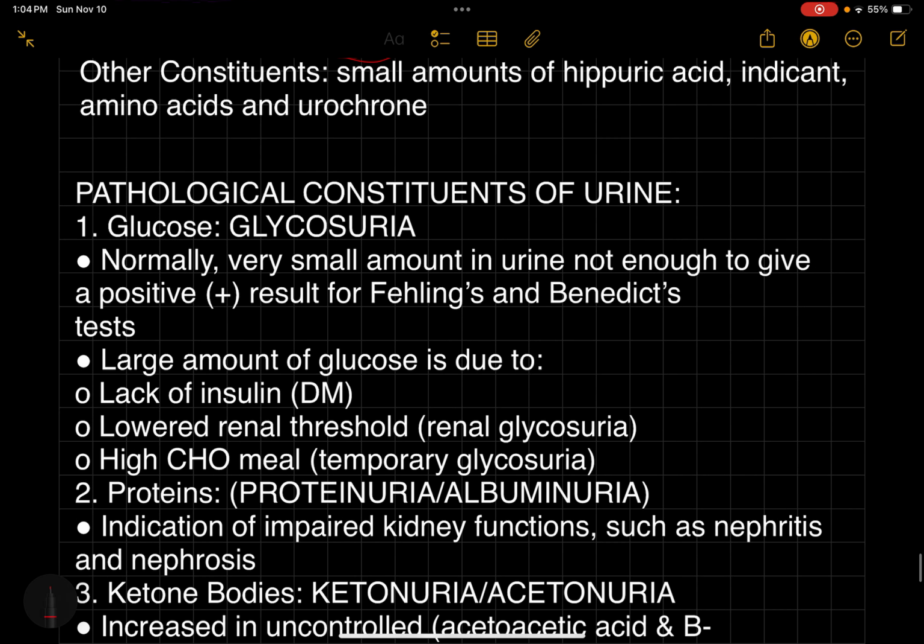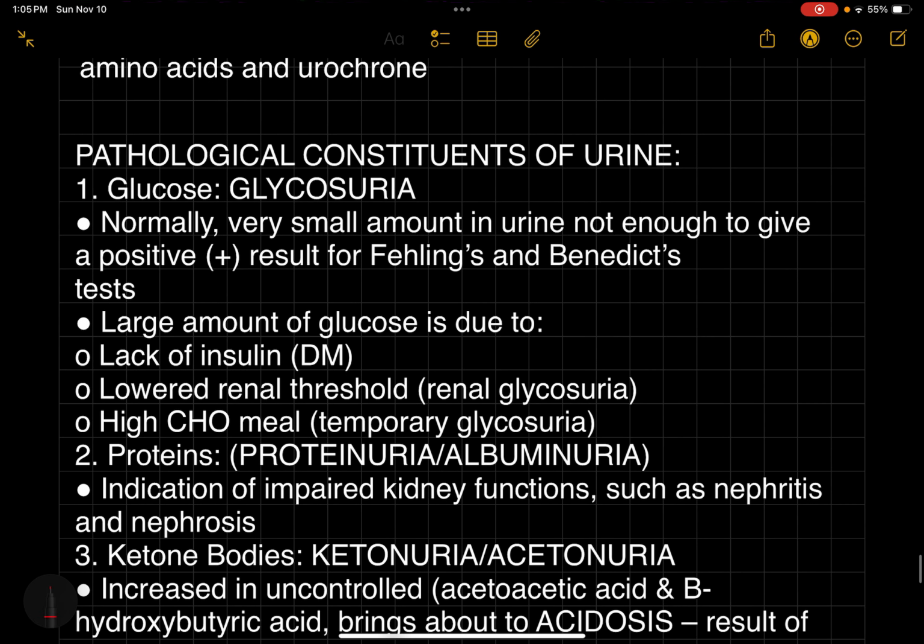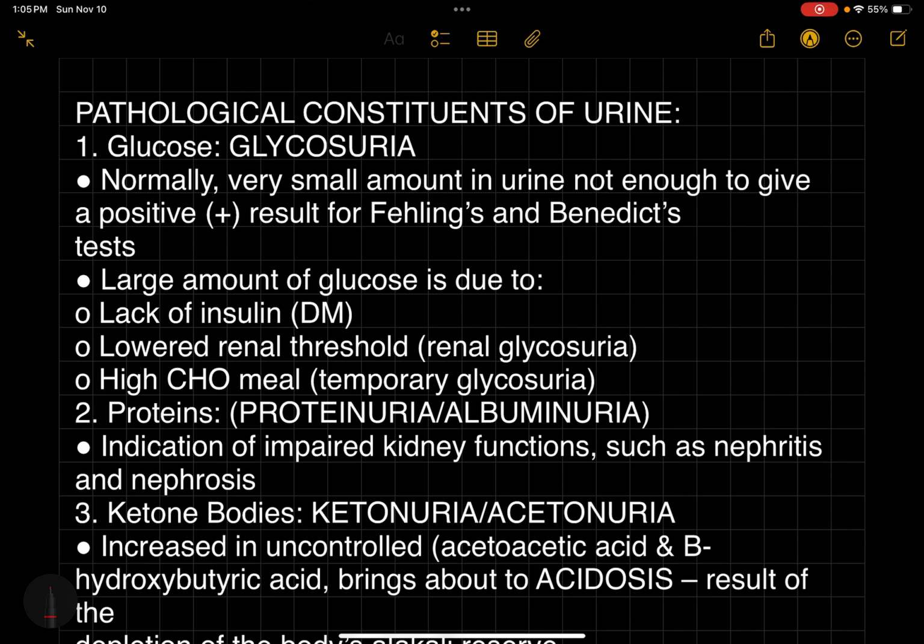We have pathological constituents of urine. We have glucose, or glycosuria. Normally there is a very small amount in urine, not enough to give a positive finding in Benedict's test. A large amount of glucose is due to lack of insulin, lower renal threshold, or a high CHO meal, which is temporary glycosuria.